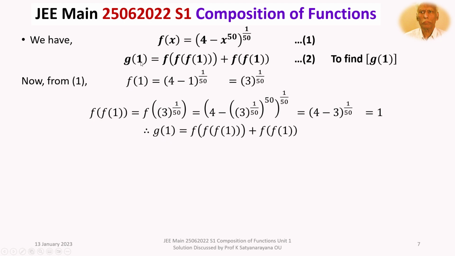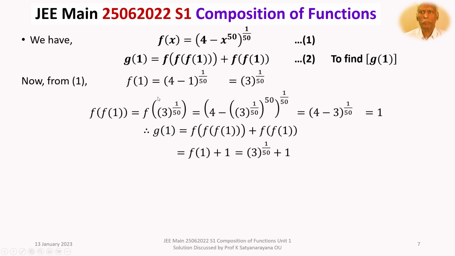Now we go to g of 1, f of 1 plus f of f of 1. We know this is 1, and this inside one also is 1. So we will get f of 1 plus 1, that is f of 1 plus 1.